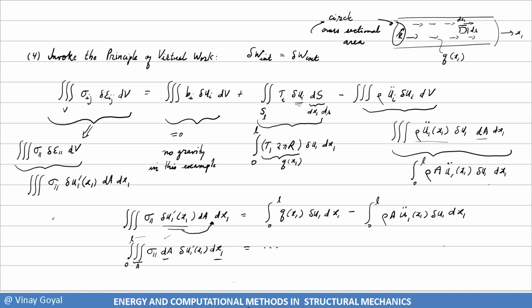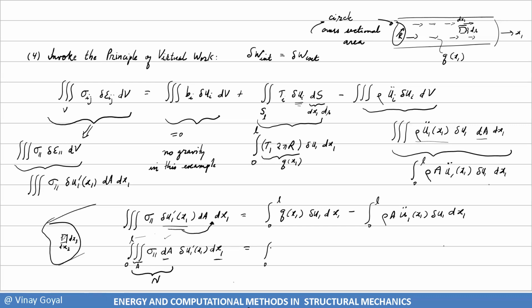If I look at the cross-section and I look at a differential element dA, which is dx2 times dx3, and I integrate sigma 1 1 over that area dA, isn't this an internal force quantity N? So I can call it N, and I will do that now. I'm going to call this whole thing N, an internal force quantity.